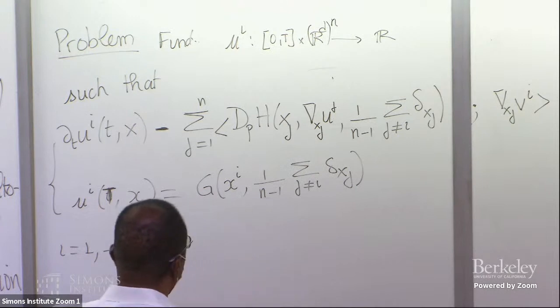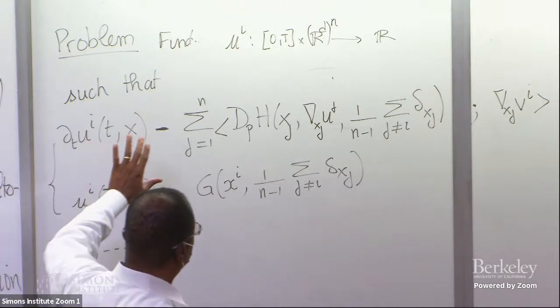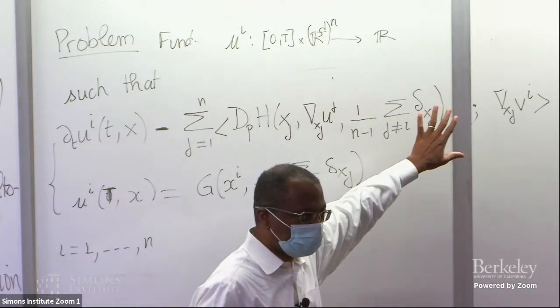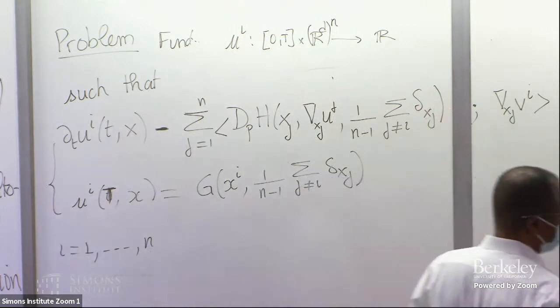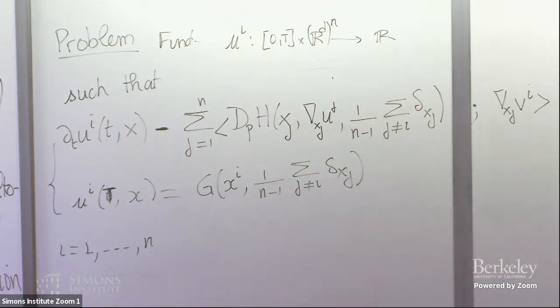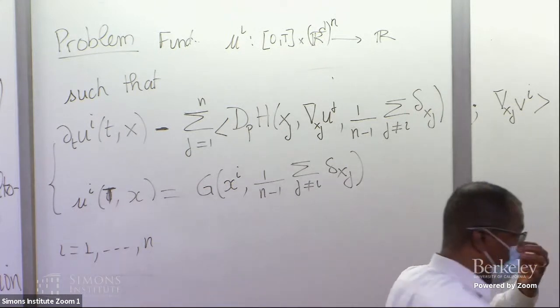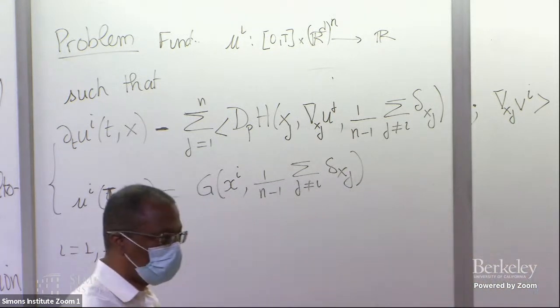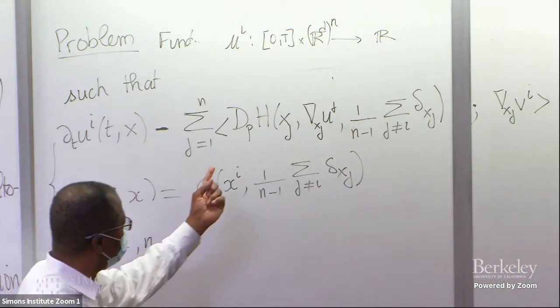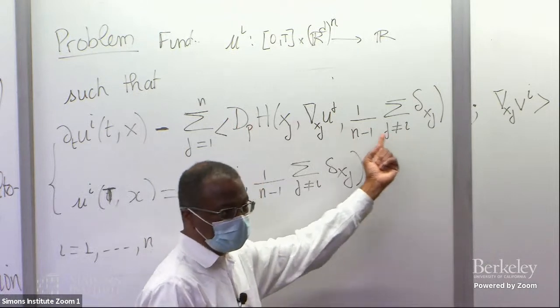Okay, so this term looks very strange. Let me check the sign. Minus, minus, plus. So when you are familiar with Hamilton-Jacobi equation, when you write the continuity equation, the velocity is this.